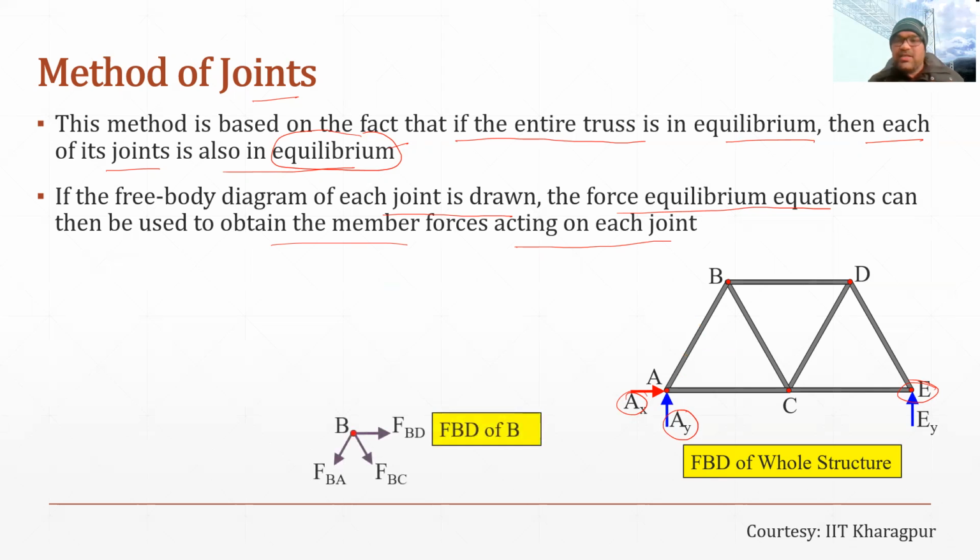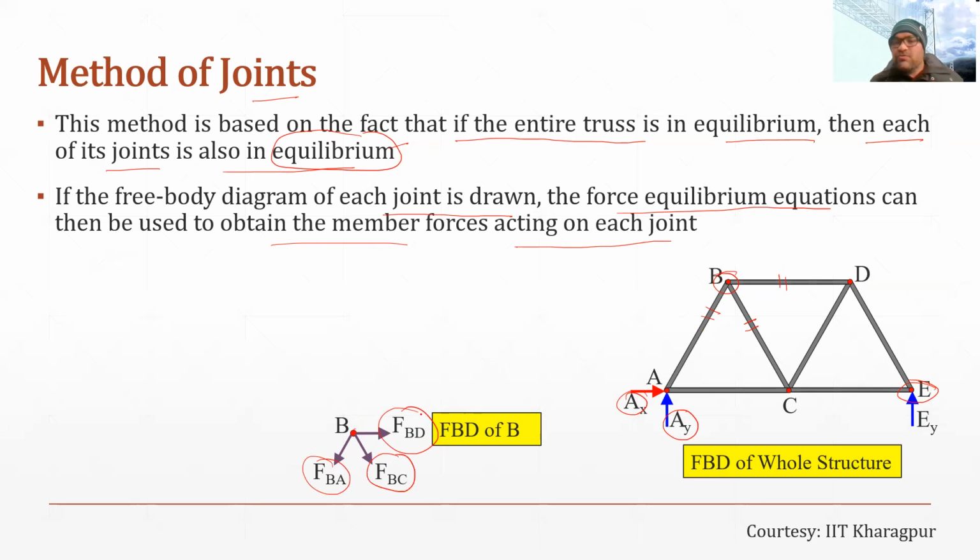For example, if I take joint B, I will make the free body diagram of joint B. You can see this is the FBD of B. This is point B, and the force in member BD I am referring to as FBD. Similarly, the force in member BC will be FBC, and the force in member BA will be FBA.